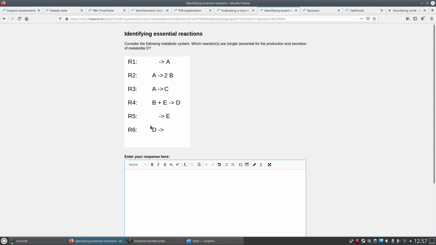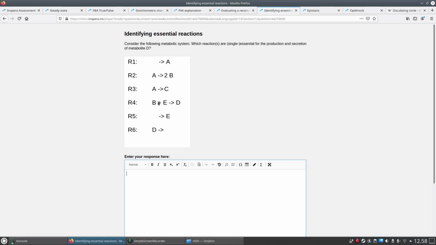If we look at metabolite D, it's secreted through R6, and it is produced by R4. So these two reactions are clearly essential on their own. If R6 was knocked out, we couldn't secrete D, and since we couldn't secrete D, we also couldn't produce it, because we would have an indefinite buildup, which violates the steady state assumption. So R6 and R4 are both clearly single essential.